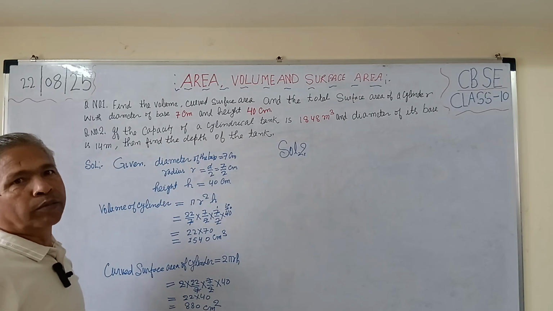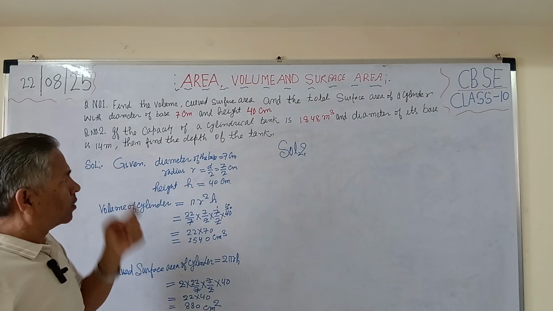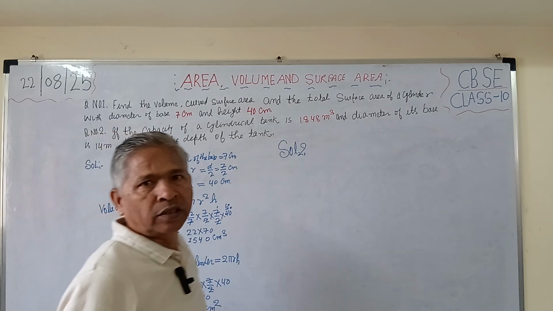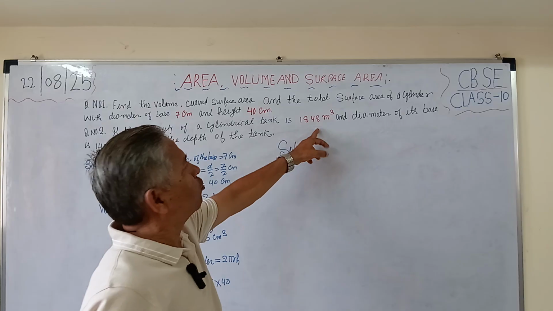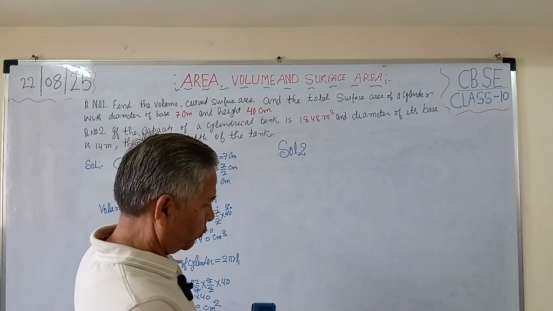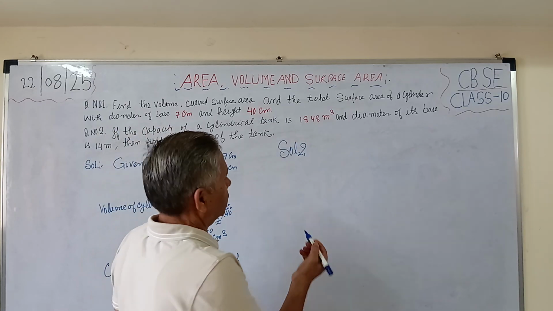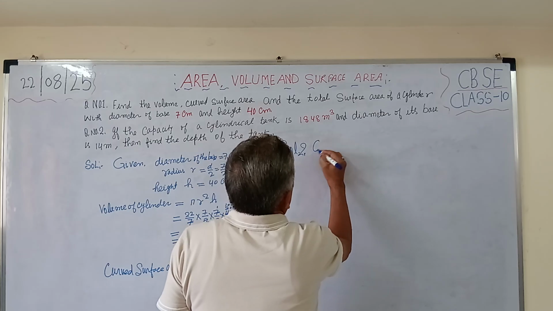Then find the depth of the tank. So depth of the tank means we have to find out the height of the tank. Volume is given. Volume is of what? Cylinder. So we know the formula of cylinder.